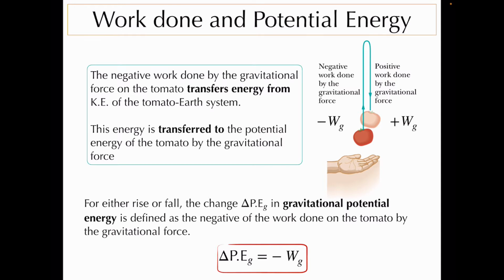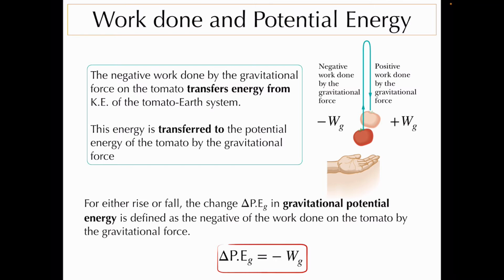So it is opposite to the work done. Potential energy is being added and work done is negative, while when the tomato is falling, the work done is positive but potential energy is decreasing, so opposite again. That is why the change in potential energy is the negative of the work done.